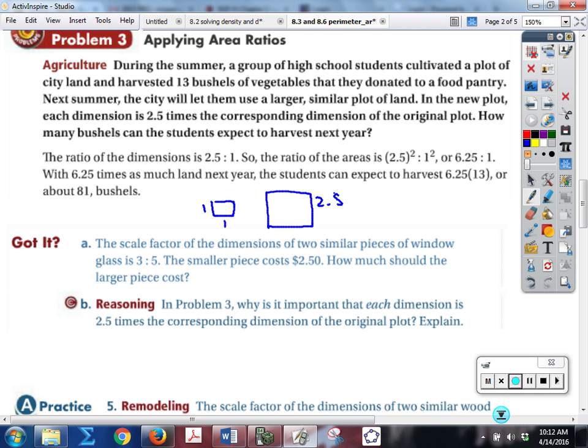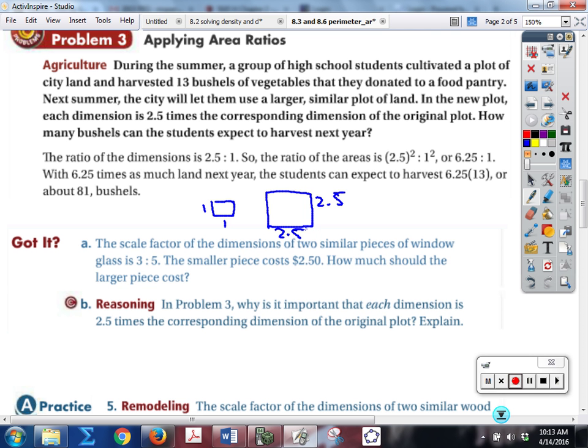So if you do the ratio of the dimensions, it's 2.5 to 1. So the ratio of the areas is 6.25 to 1, because you had to square the 2.5 and square the 1. So this one is 6.25 times bigger than the original one. So you're thinking that it's only 2.5 times bigger, but it's actually 6.25 times bigger.